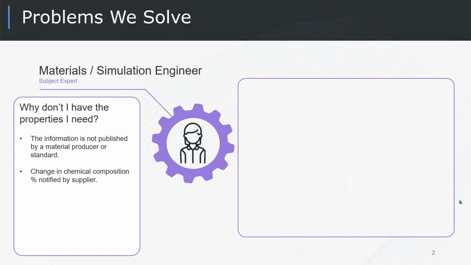Especially now with a lot of materials that are going towards a greener solution, you're going to see definite changes in the chemical composition of some metals, polymers, and we'll try to help you navigate through that without having to wait for a different material test and spending money on that.